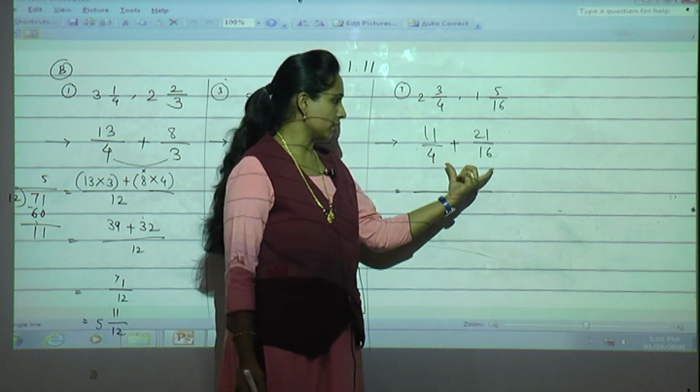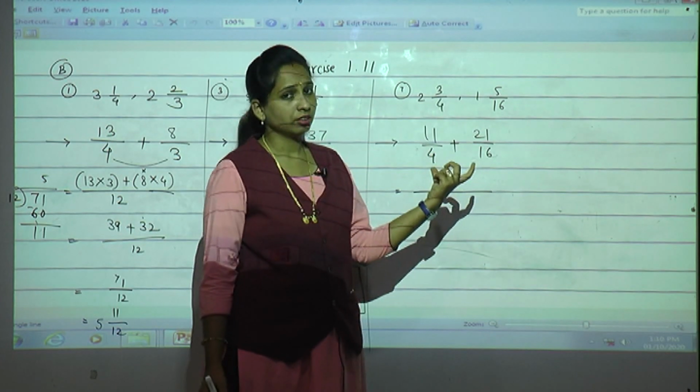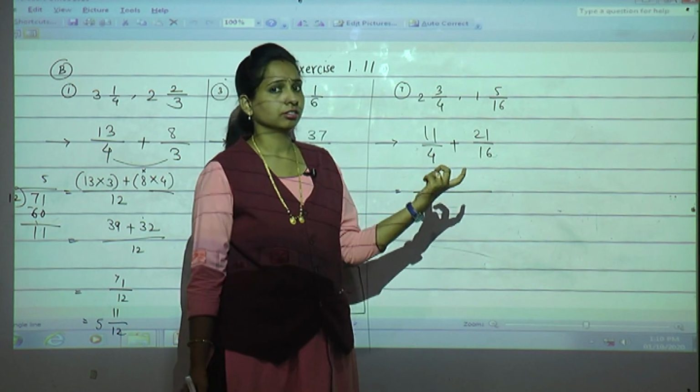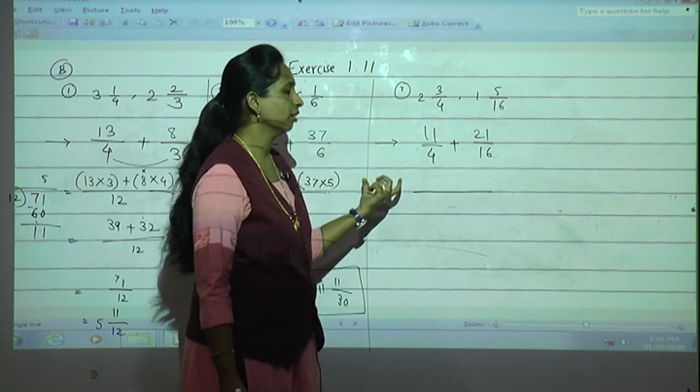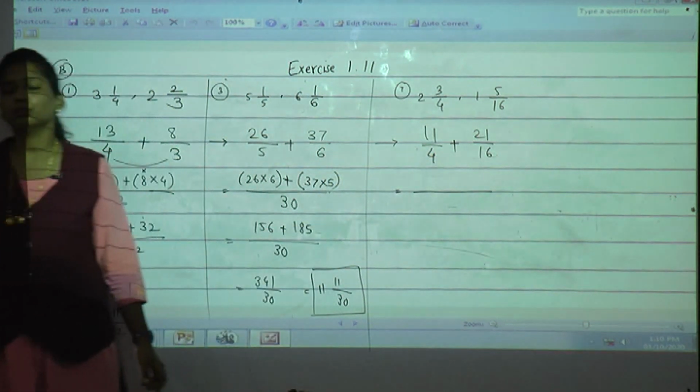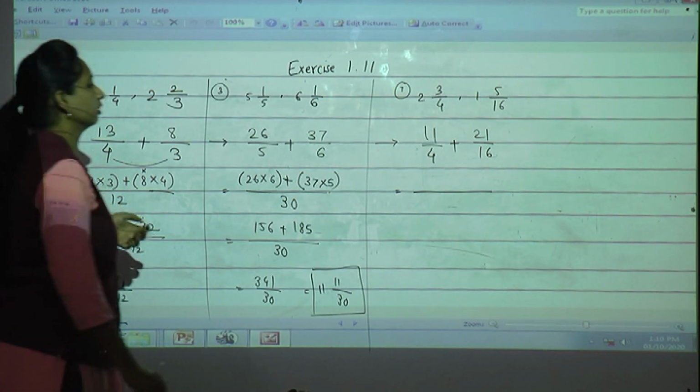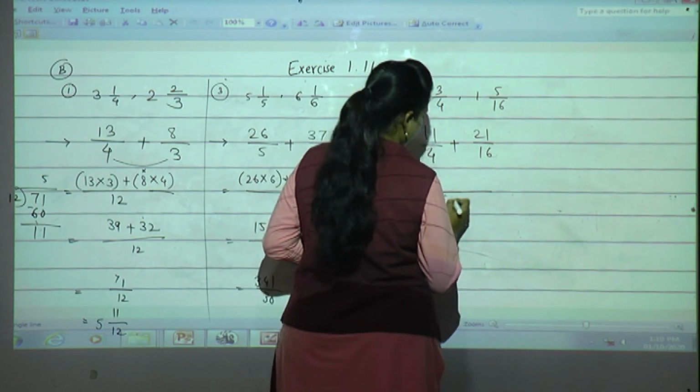Now denominators multiplication. 16 fours are, tell me, you should know the 16 table. 16 ones are 16, 16 twos are 32, 16 threes are 48, and 16 fours are 64. Very good. So write here 64.